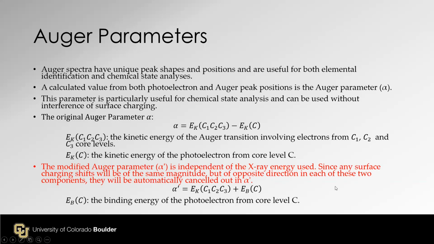And any surface charging shift would be the same for both peaks, but in the opposite direction, so that shift would be canceled out. So we can use the sum of the kinetic energy of a certain Auger peak plus the binding energy of the photoelectron peak, and you can compare this value for some oxide versus metal or something. I believe that's how it is used.